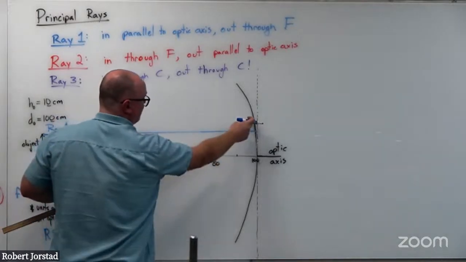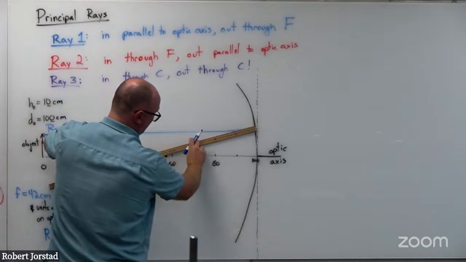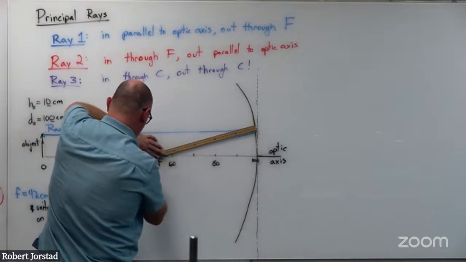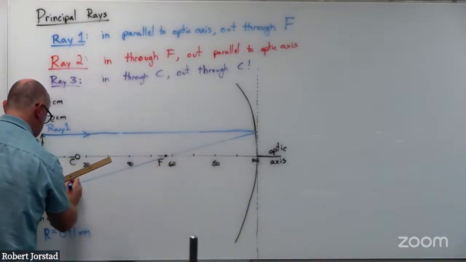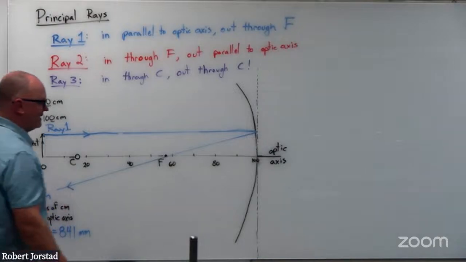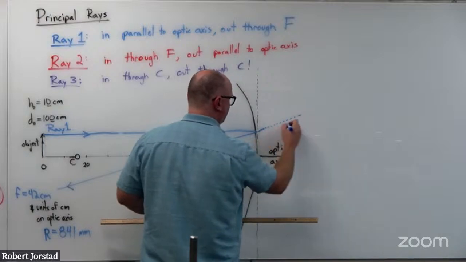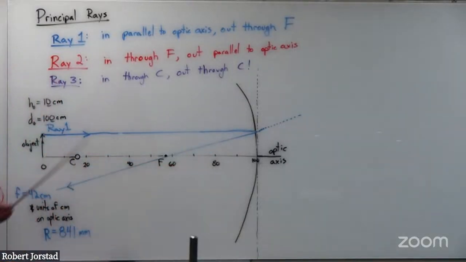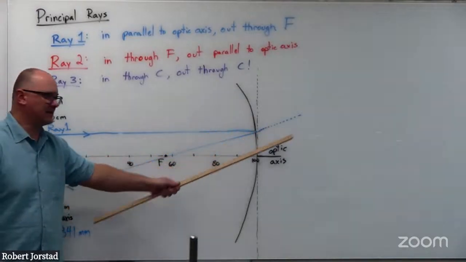And remember, instead of going to the mirror itself, I'm going to go to this dotted line. It reduces the spherical aberration in your drawing. Okay, so I've got the arrowhead showing me which way it goes. Now, one thing I could do just to get in the habit of this is you can also back extend the output ray. That's called a back extension. In case the image is virtual, those are useful. So I draw the input ray, then I draw the output ray, and I also back extend the output ray.